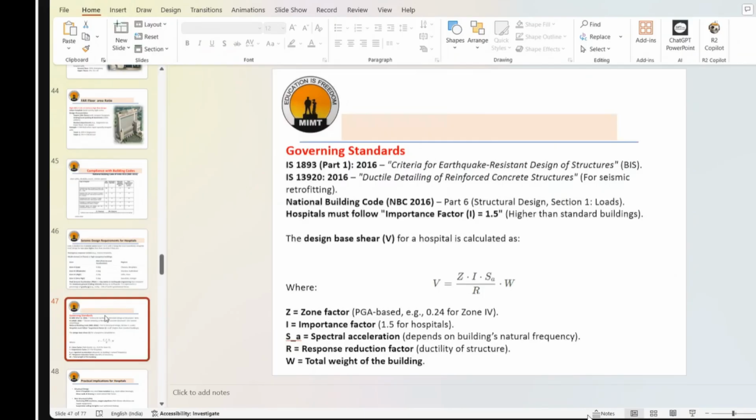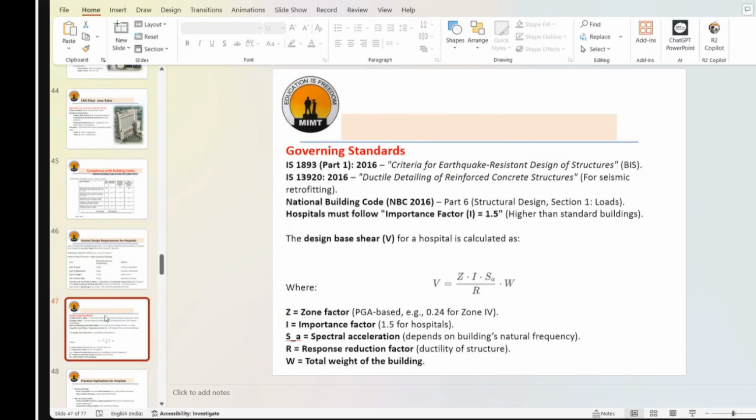Then there is seismic retrofitting. मतलब already the hospital बन चुके हैं, they have not followed these seismic norms. Then some improvisation can be done. That is called retrofitting. But even after retrofitting, a lot of other things are there, so you can refer to this particular chapter. National Building Code: I suggest everybody go through Part 6, Structural Design, Section 1, Loads and all.